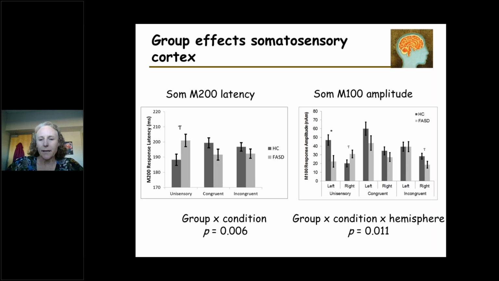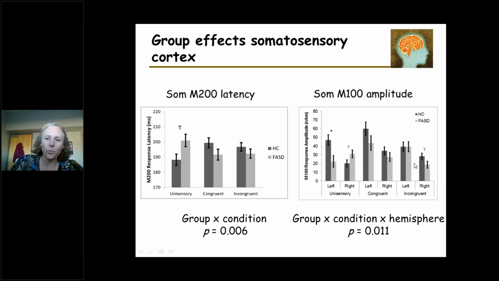And then we see a similar but more complicated interaction between group, condition, and hemisphere if you look at amplitude. And again, depending on the hemisphere, the individuals with FASD have either reduced amplitude or increased amplitude.